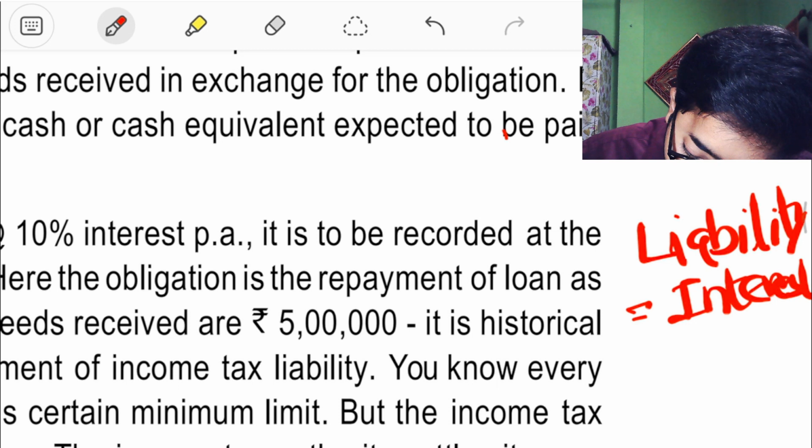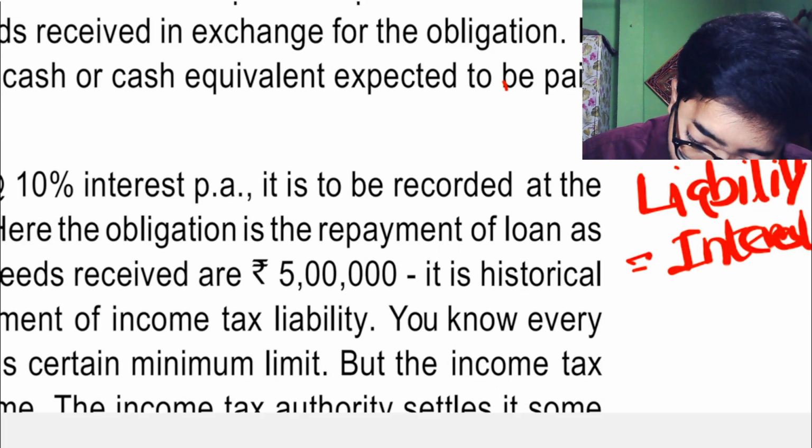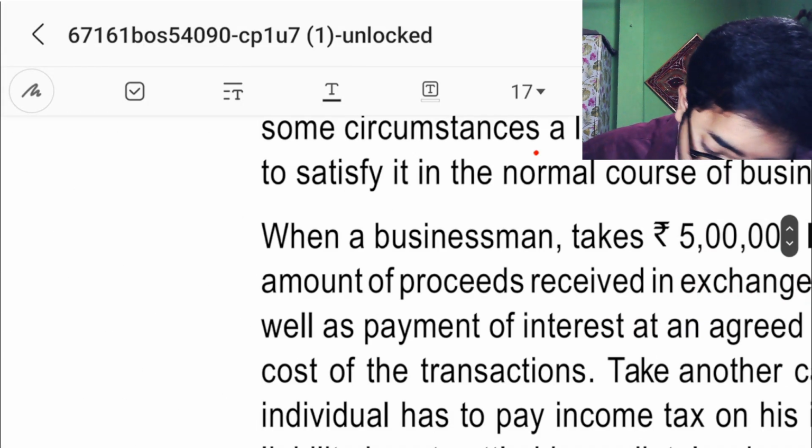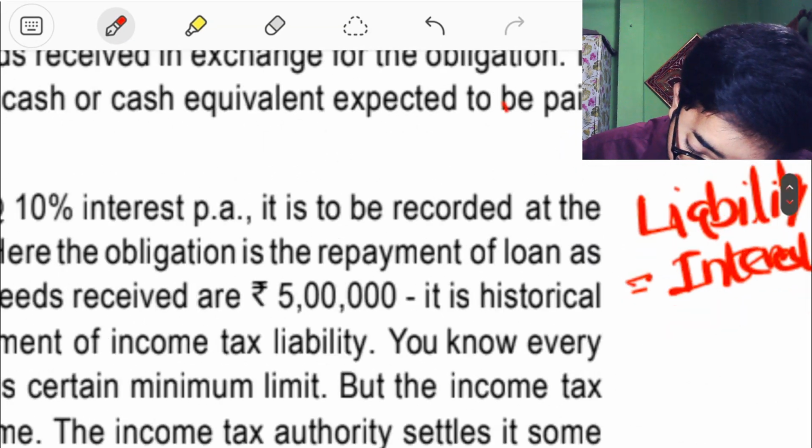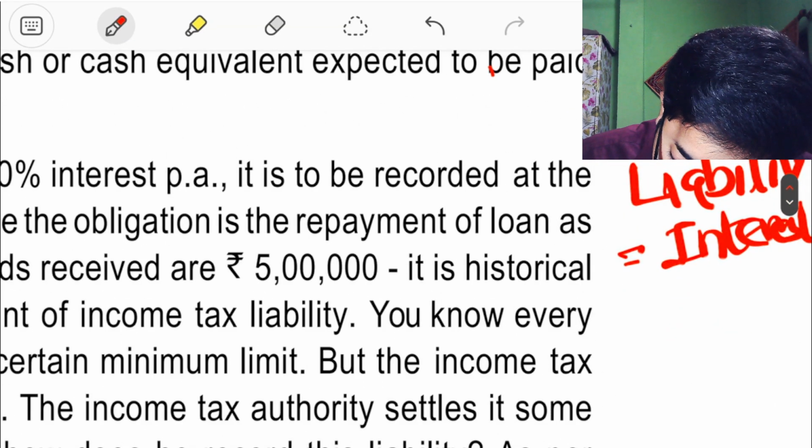Interest, sorry, the liability is the interest.